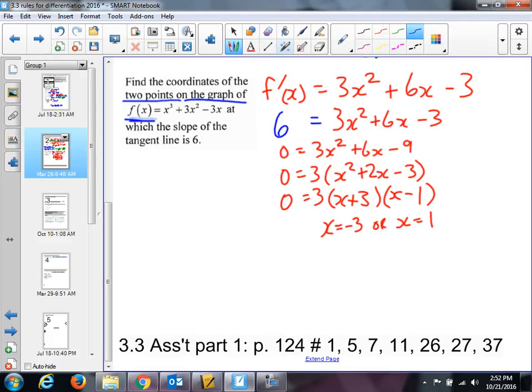So you're finding f of negative 3 equals, using that, do some arithmetic. You should be able to do that arithmetic in your head. You can write it out on paper, but without a calculator, you should be able to do f of 1 in your head for sure.